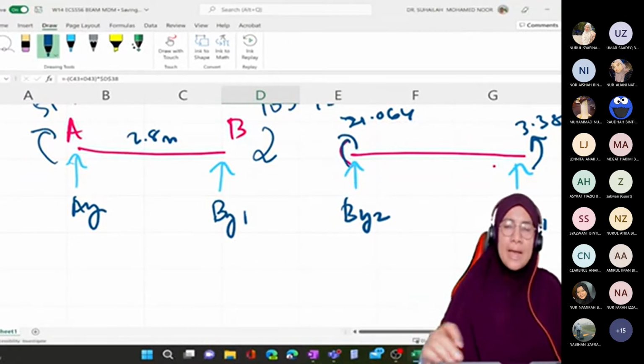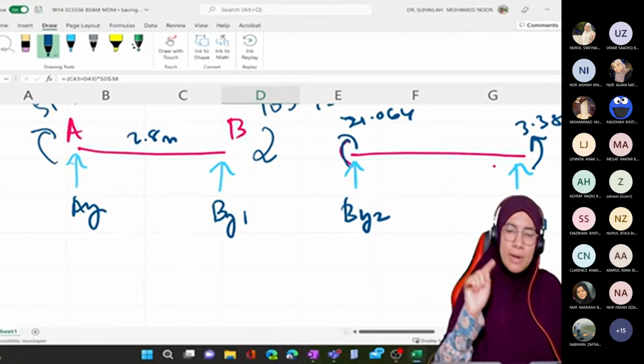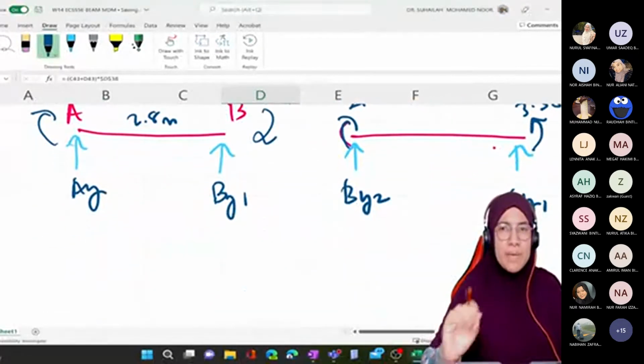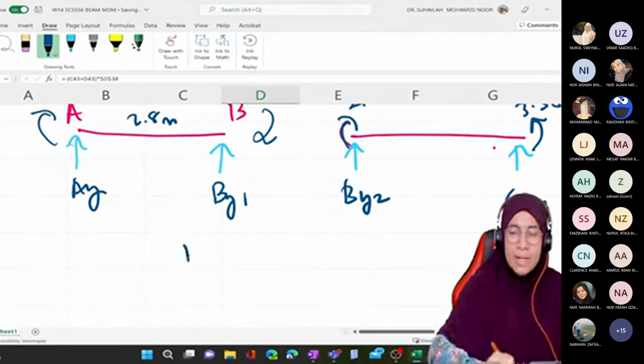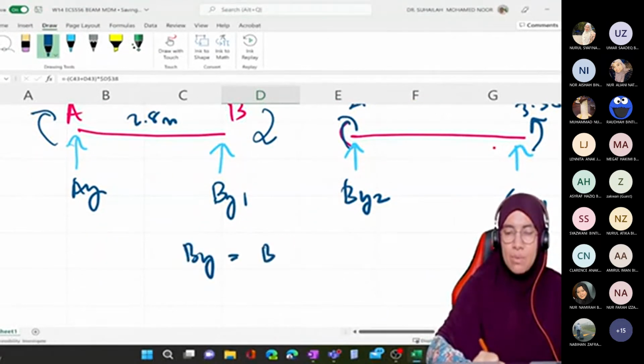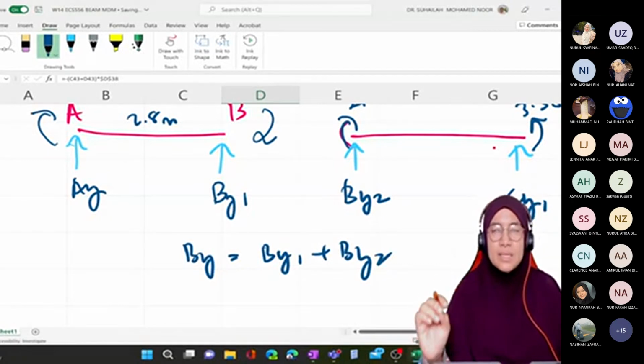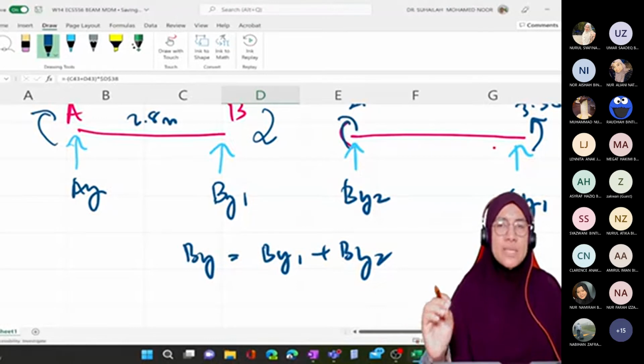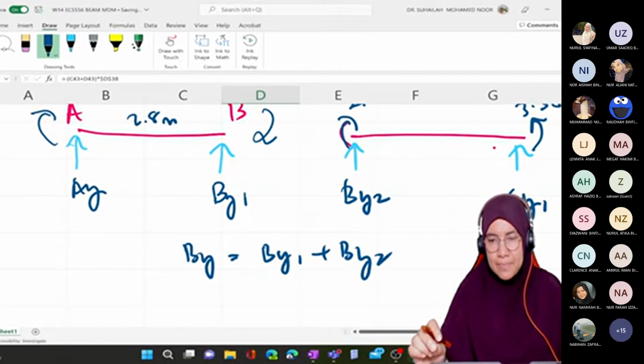And then the combination of BY1 plus BY2 is actually the value of BY. So BY is BY1 plus BY2. That is the vertical reaction at B. Same goes to C, CY1 plus CY2 equal to CY, the vertical reaction at C.